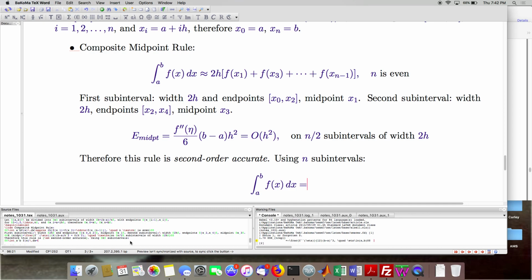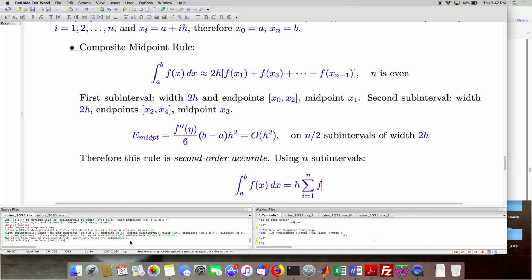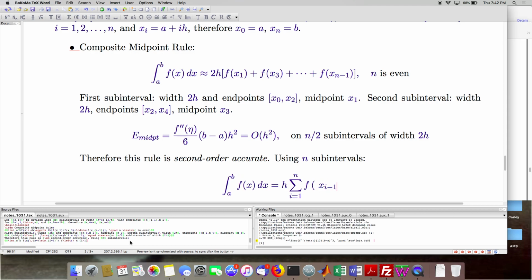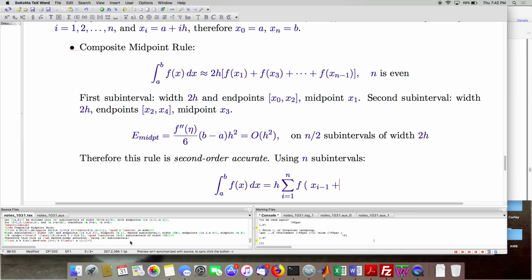So it would be a sum of f at the left endpoint of each subinterval plus h over 2. Not sure if that extraneous space got in there. Okay.